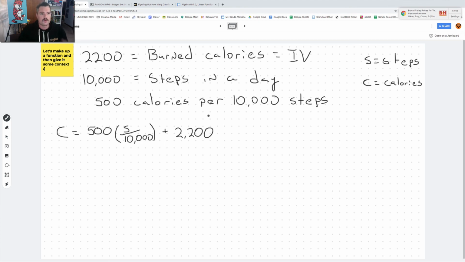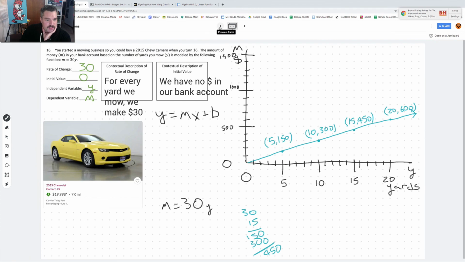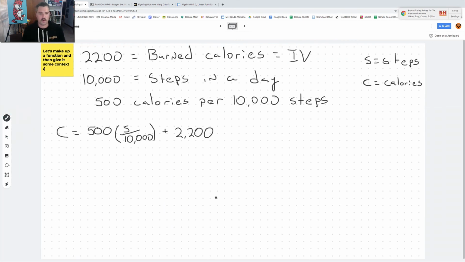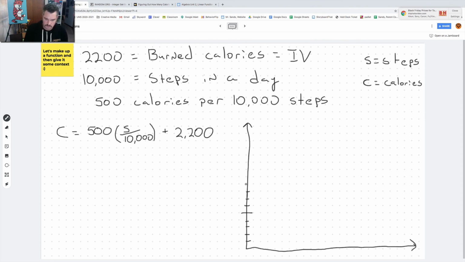So usually these don't ask questions. They just say, set this up. So if we wanted to set this up, there we go. There's our quadrant 1 graph that we're looking at. So here's our equation.